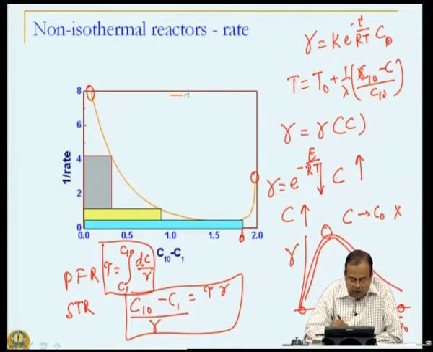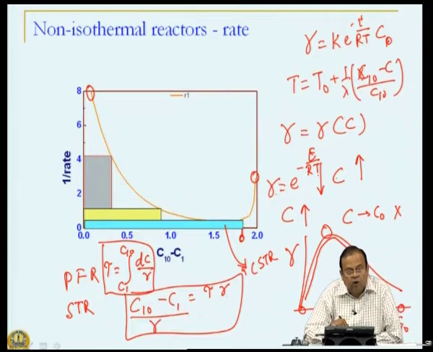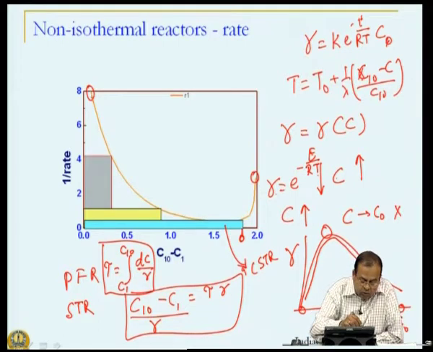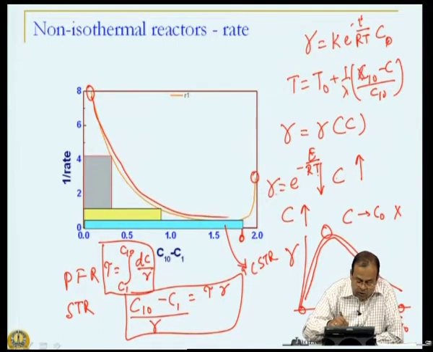So, this is my CSTR, tau CSTR, and what will be the area for plug flow reactor? It will be the area under this 1 over R versus C10 minus C1 curve.